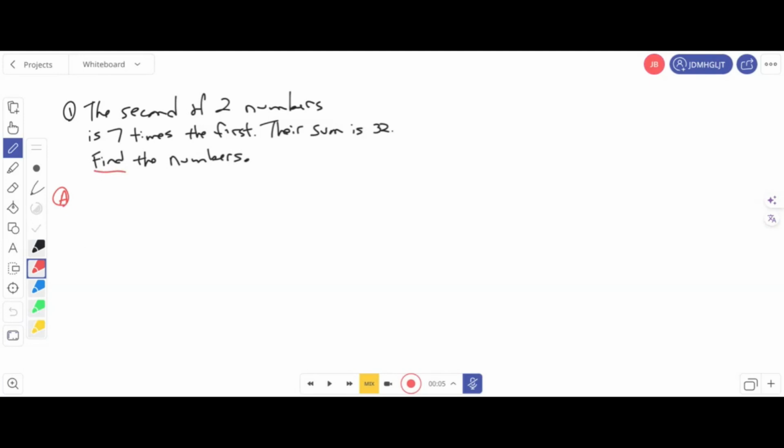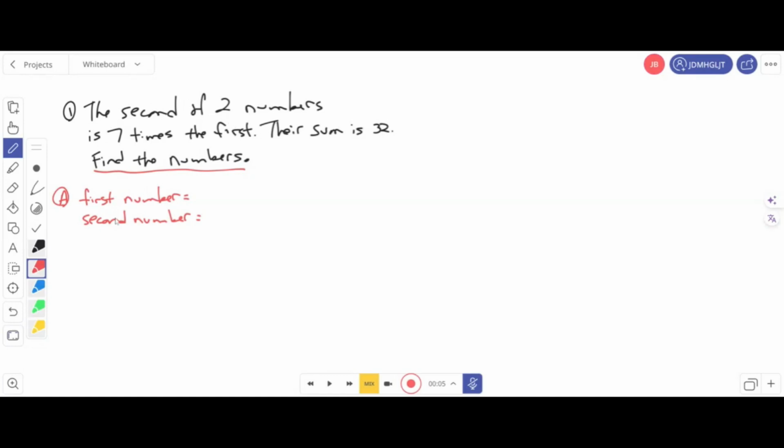So the first thing we do is determine what are they asking us for. They're asking us for 2 answers, 2 numbers. The numbers are named first number and second number. The second of 2 numbers is 7 times the first.